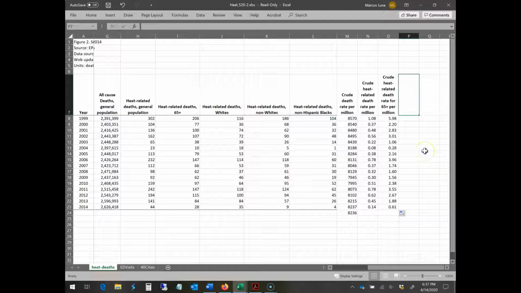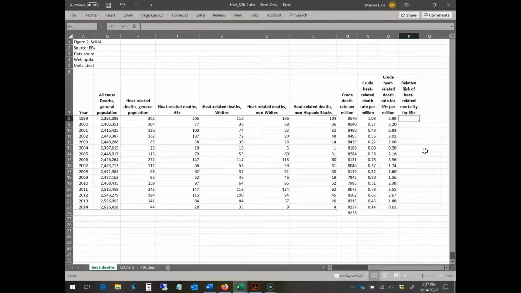Now, one way that we can communicate that difference is by calculating what's called a relative risk. The relative risk is a way of comparing two different populations to understand how much more at risk one is compared to another, or relative to another. So the relative risk of heat-related mortality for 65 plus is essentially the ratio of their risk, or their death rate from that, to the death rate for the general population.